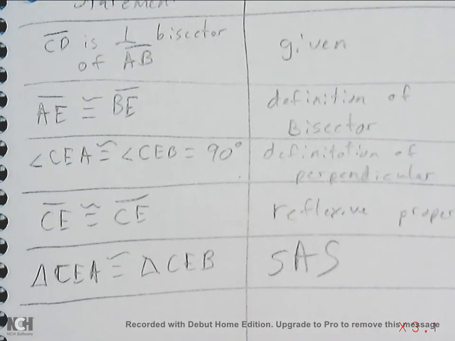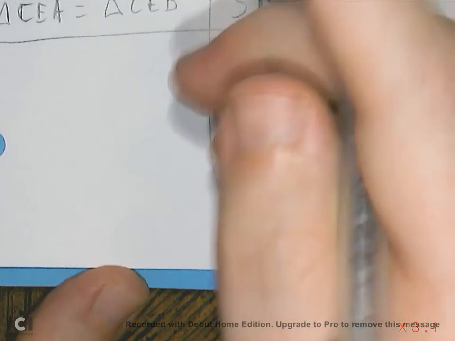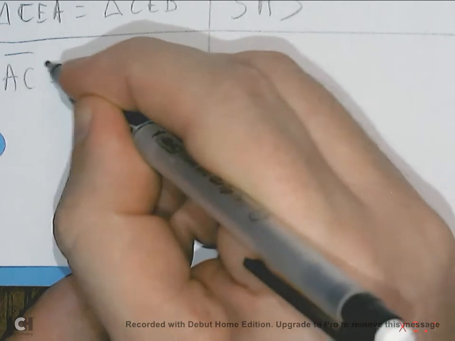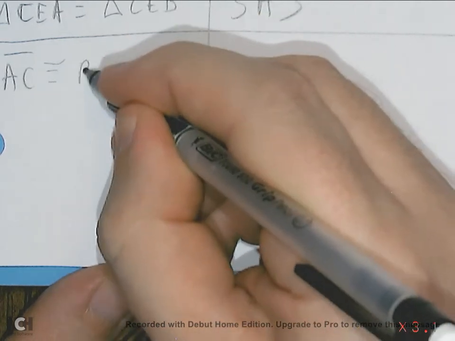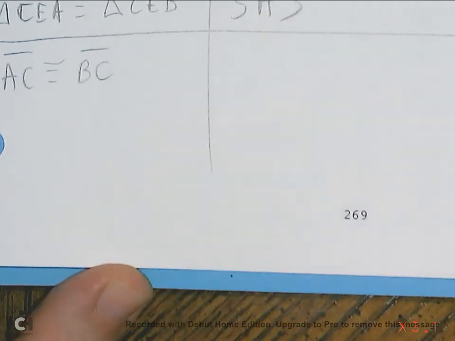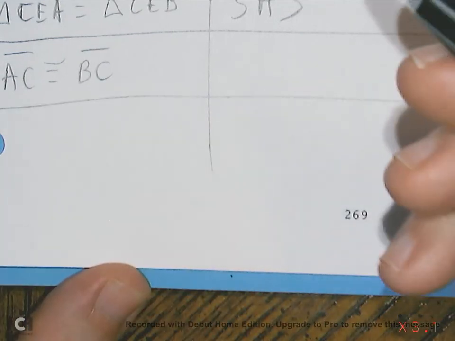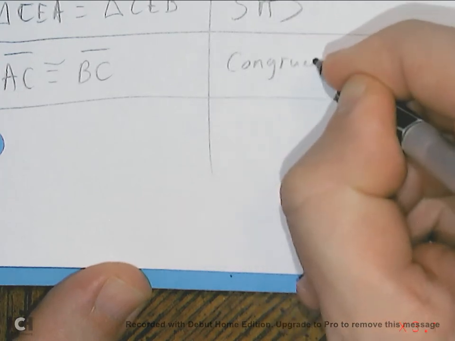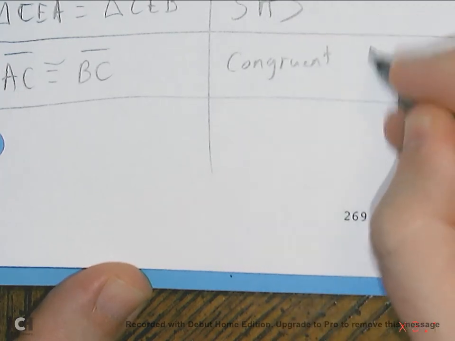Okay? Which also tells me that line AC is congruent to line BC because of congruent triangles, which means all the sides have to be the same.